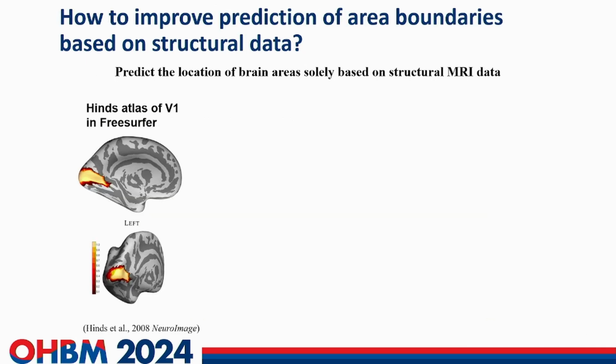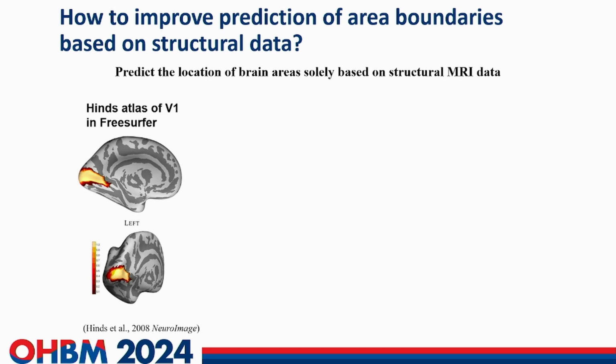So how can we improve the prediction of area boundaries based on structural data alone? In some research situations we can use a functional localizer, like a face localizer, or finger tapping for fMRI, to localize a specific brain area, but that's not always possible. For some areas, a good localizer is not established.